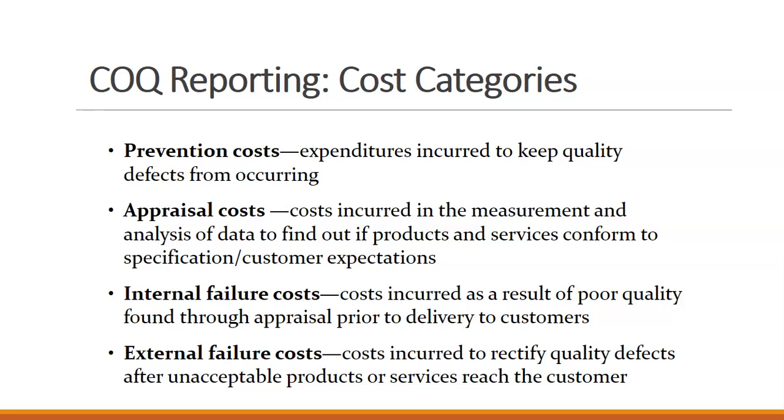Internal failure costs are failures that happen internally while we still have the product in stock. External failure costs are costs incurred after the customer has already received it, and now we're trying to rectify any defects in products or services.